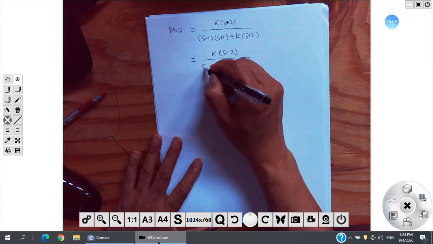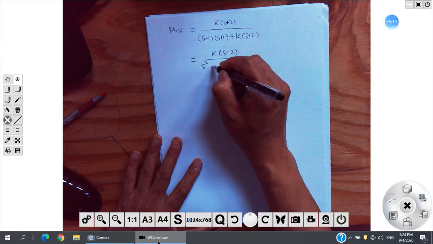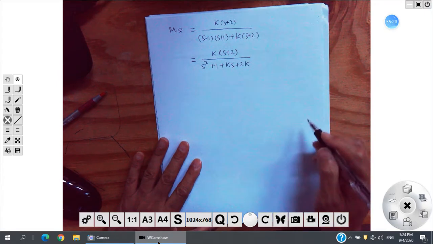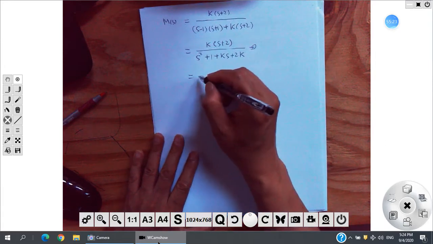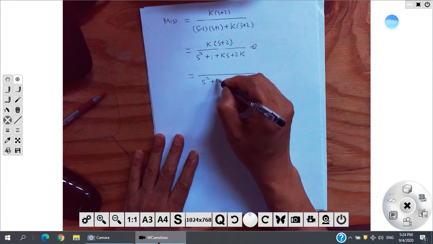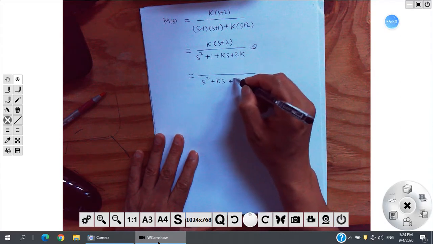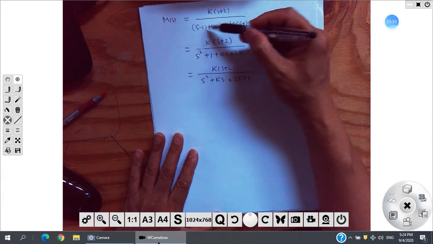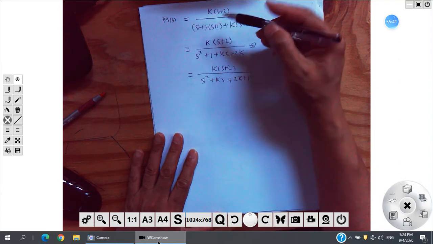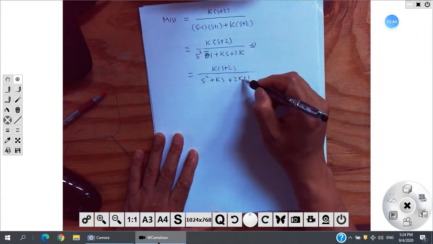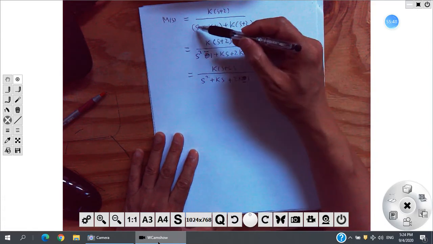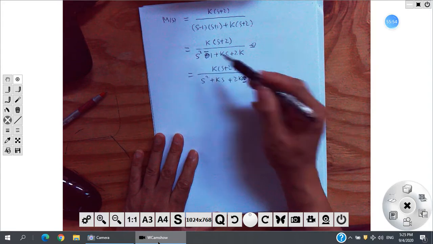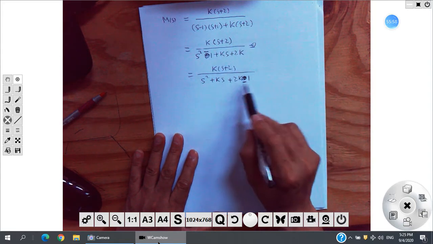So we have s squared minus 1, and this is ks plus 2k. Putting them in order on s, we get s squared plus ks plus 2k minus 1. I'm sorry, minus 1. The minus s and plus s cancel, so it is s squared minus 1 plus ks plus 2k.